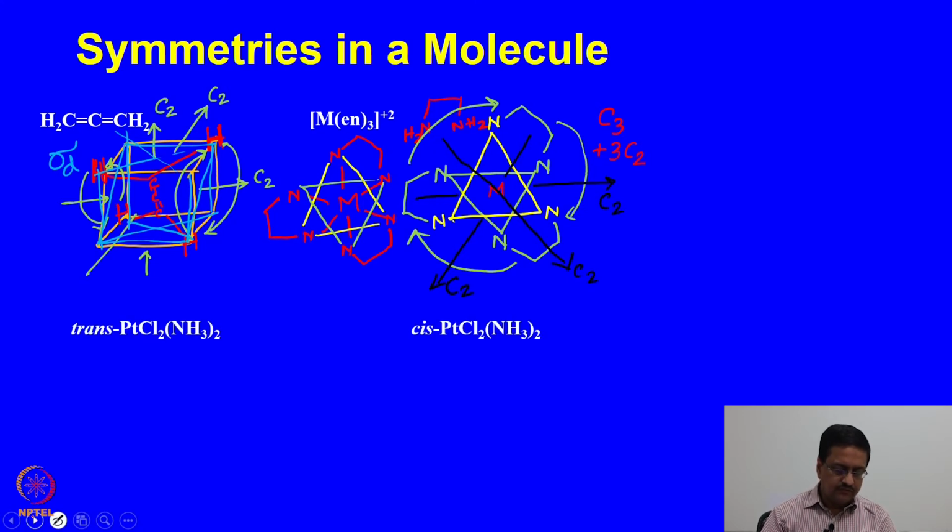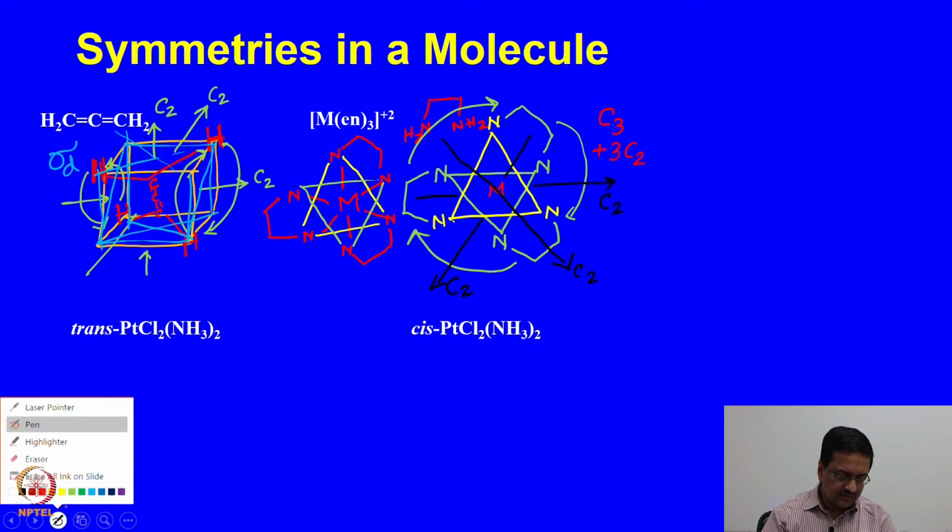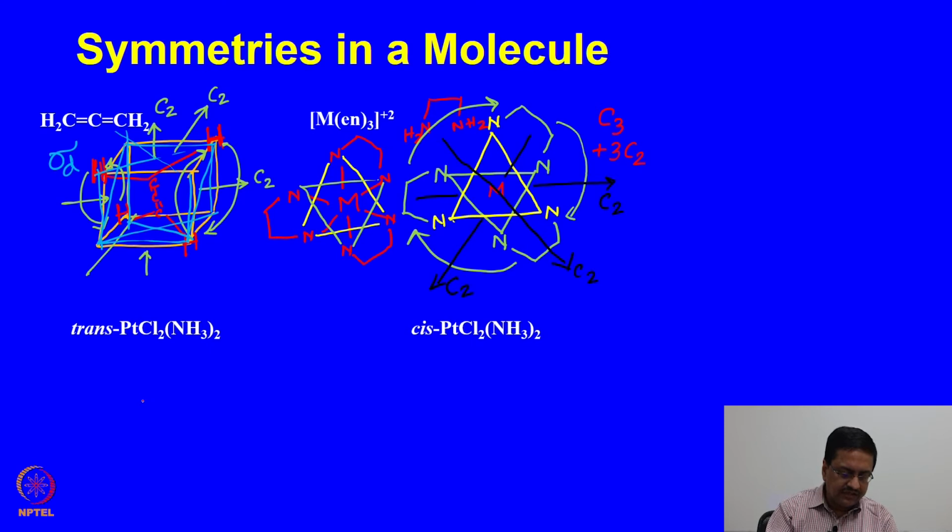Now, let us see two very similar molecules which are all very well known molecules. So, if we write platinum at the center, when I say that it is trans, we write it in this way. So, what are the symmetry elements that you can see in this molecule?